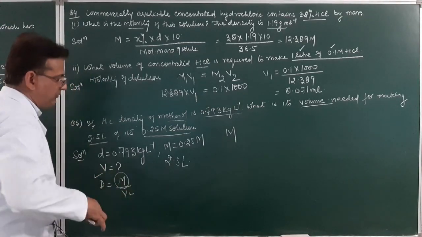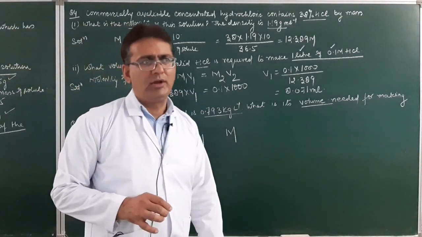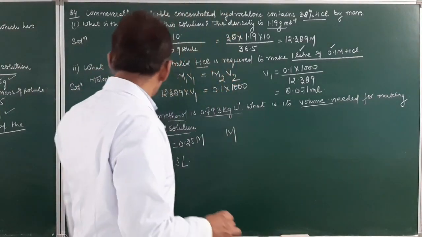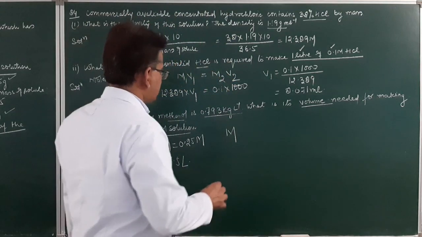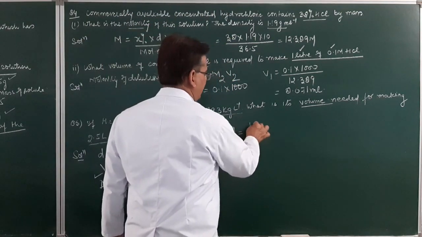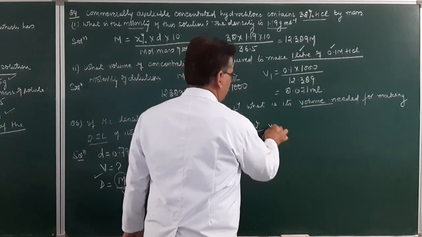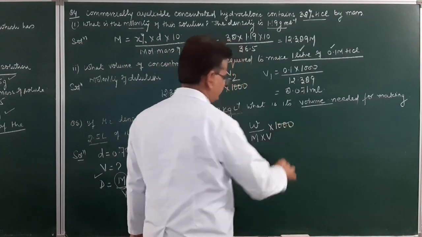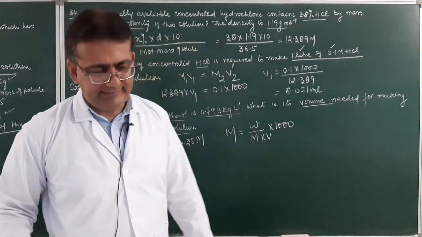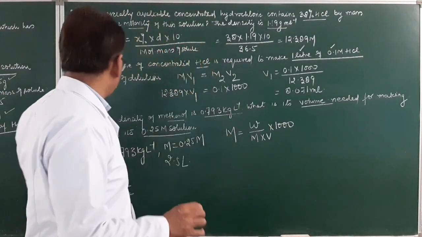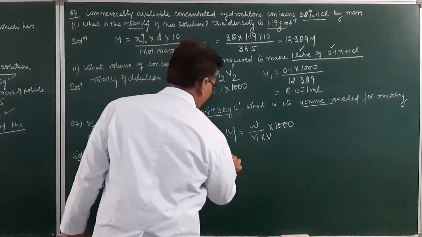If I find the mass of the substance from somewhere, I will be able to calculate the volume of the solution. For molarity, the formula is given mass upon molecular mass into volume, multiplied by 1000. Substituting all the values, the molarity is 0.25.